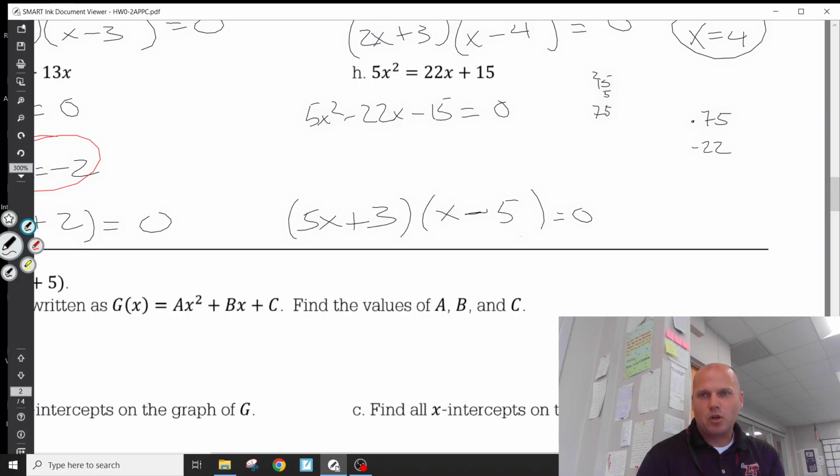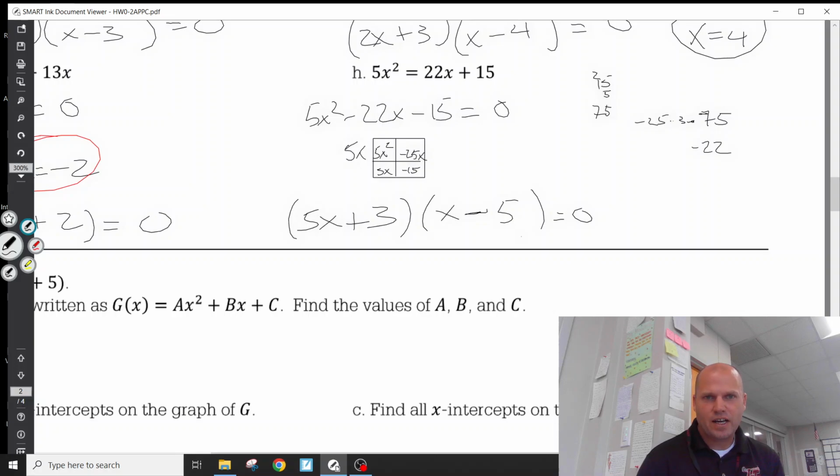The two numbers that multiply to get 75 and add to get negative 22 are negative 25 and positive 3. So in the box, tiny box, I'm sorry about that, but I got 5x squared, I got negative 25 x's, I got positive 3 x's, and minus 15.